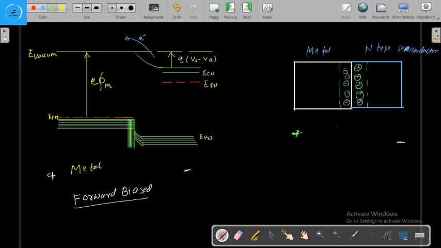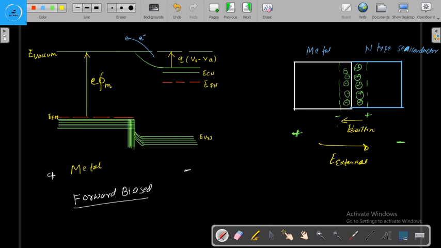Because here the built-in electric field will exist. And when we are applying the forward bias, the electric field due to the externally applied voltage will be like this, and these two electric fields are opposite to each other.